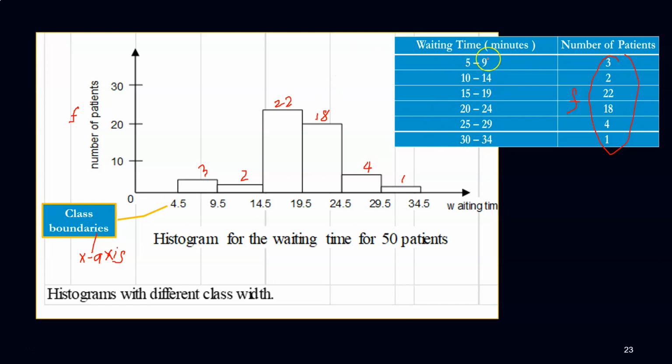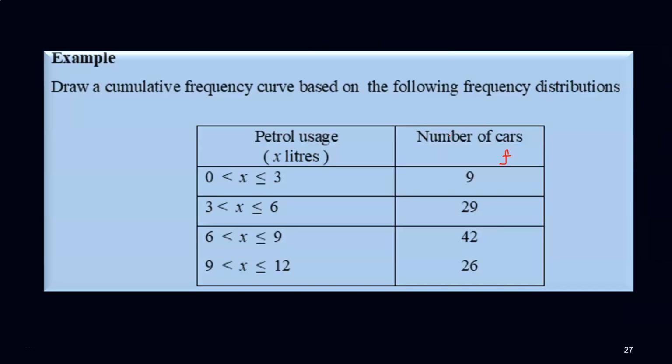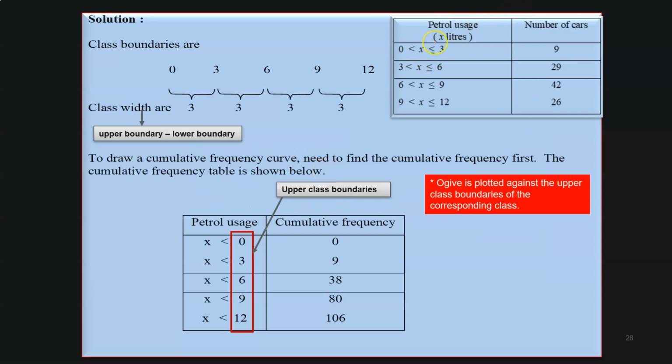Kalau yang ada guna dash macam ni, untuk cari class boundaries, you kena plus or minus 0.5. But the one yang guna greater than or less than sign, tidak perlu. You ambil straight away. 0, 3, 6, 9, 12. So, your class width sama jugalah. 3, ada 3 dekat dalam dia.